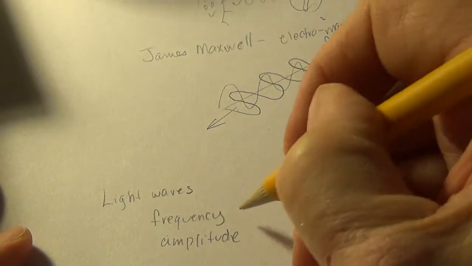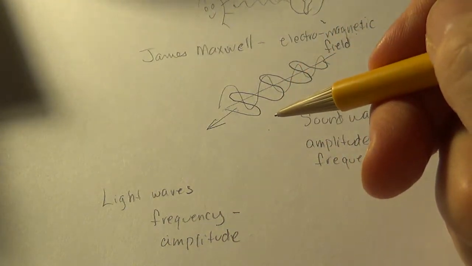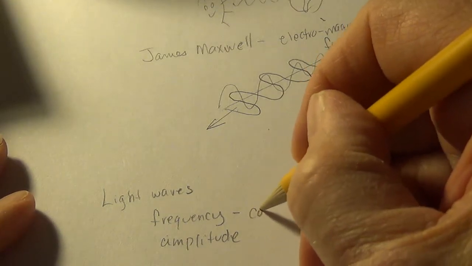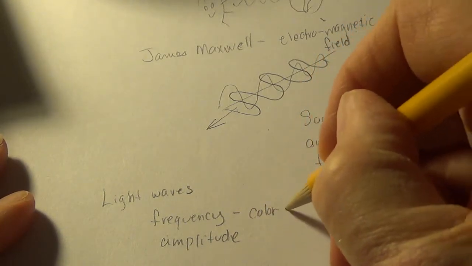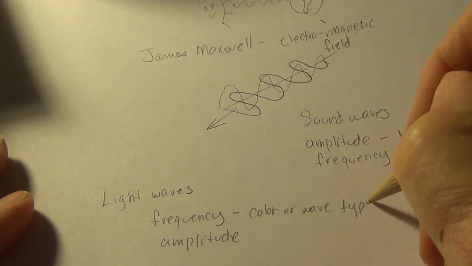And it turns out that the frequency of a light wave determines its color or wave type. So let's look at our sheet here.